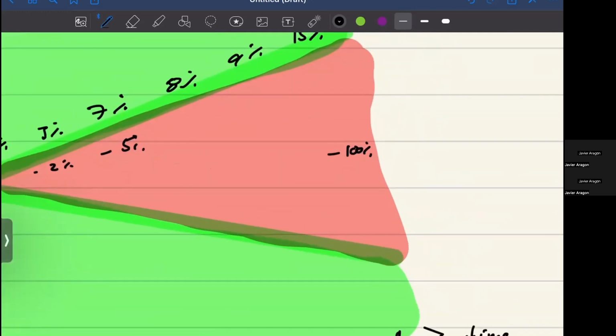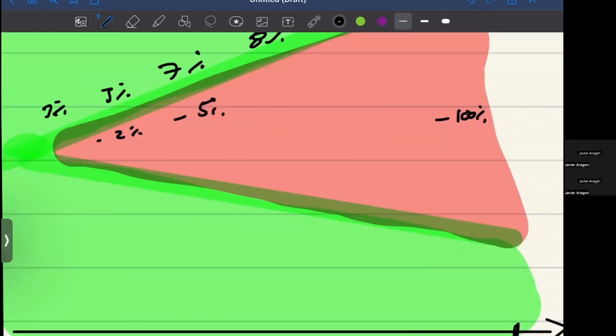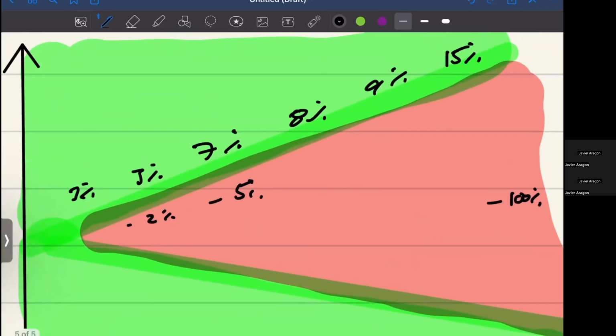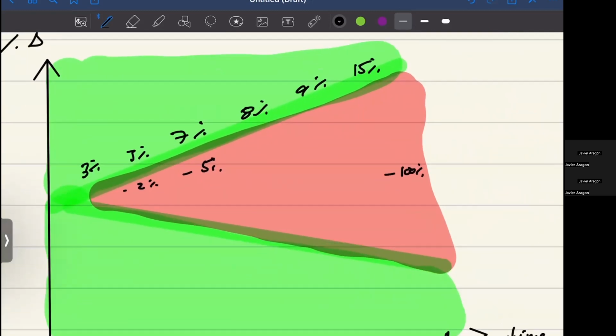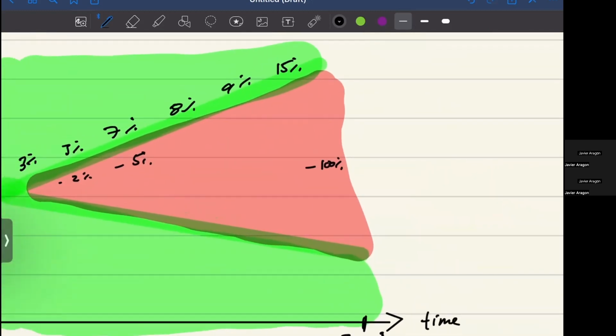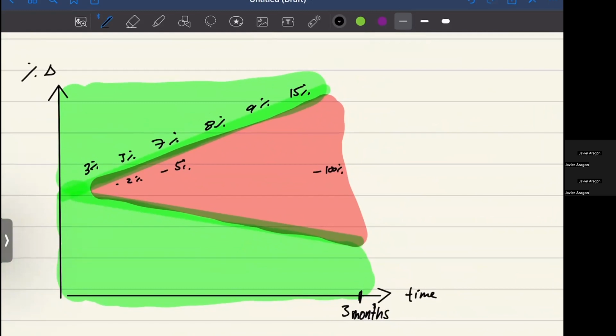And as you can see, even in the first day, you need a percent change of 3% in order to actually start making some money. And the further you go into the option, the more you need it to change for you to actually make a profit.